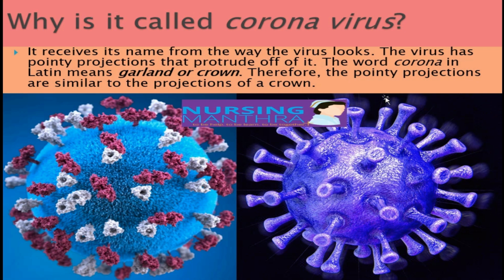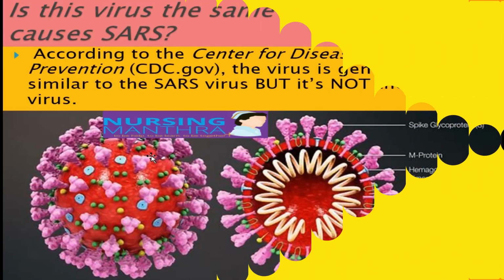The word corona in Latin means garland or crown. Therefore, the pointy projections you can see here are similar to the projections of a crown. It is crown-like. So, that is why it is called coronavirus.